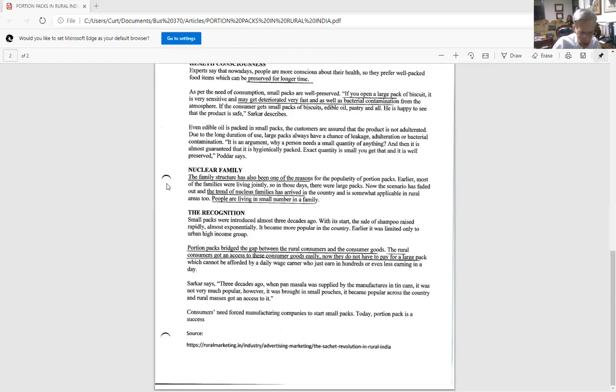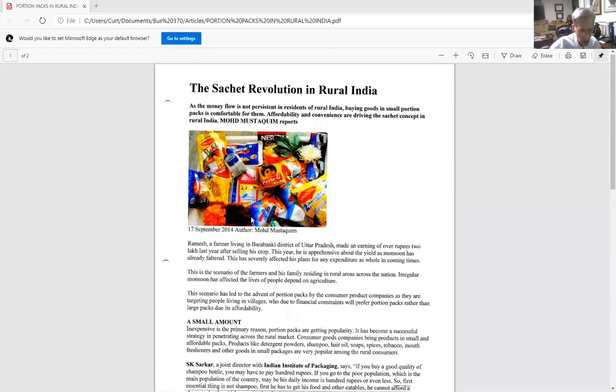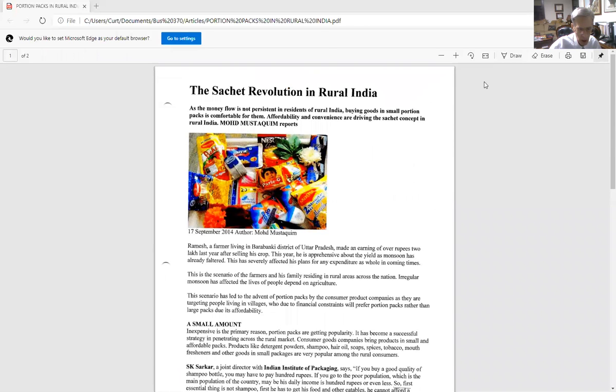So the portion packs then, as the article concludes, have bridged the gap between rural consumers and consumer goods. And the rural consumers are getting access to these goods without having to pay the normal price for a large bottle or box.